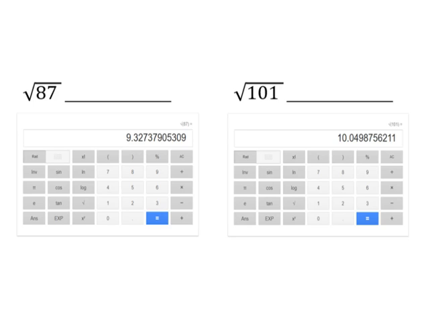Since 7 is greater than 5, we are going to round that up to 3. So our answer is 9.33. And for the square root of 101, our answer will be 10.05 because looking over to the right, there's a 9 close to the 4, and we need to round our 4 to 5. Let's move to our next set of square roots.